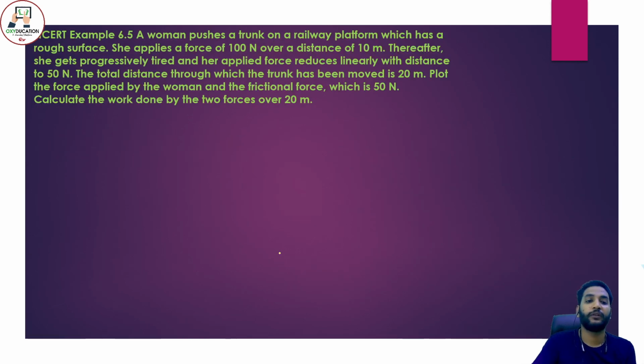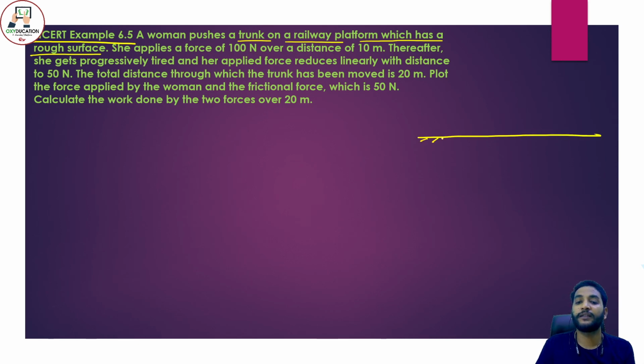Okay, now let's take an example so that you are able to understand. See, an NCERT example that I'm taking here again. A woman pushes a trunk on a railway platform which has a rough surface. This is a railway platform, let's suppose, and here is a trunk which is pulled by a woman, means a force is applied by a woman.